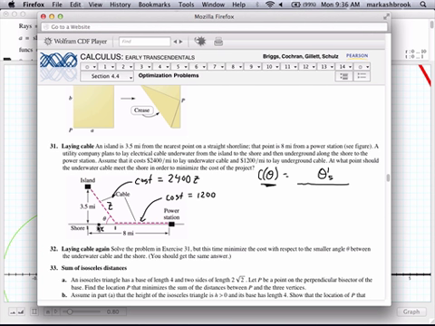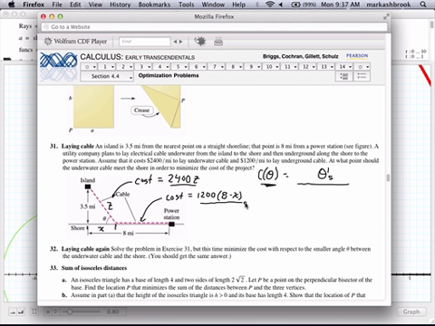I put X here. So 1,200 X. Jean Paul? 8 minus X. Okay, so really the total cost is going to be this plus this, but what's the problem?